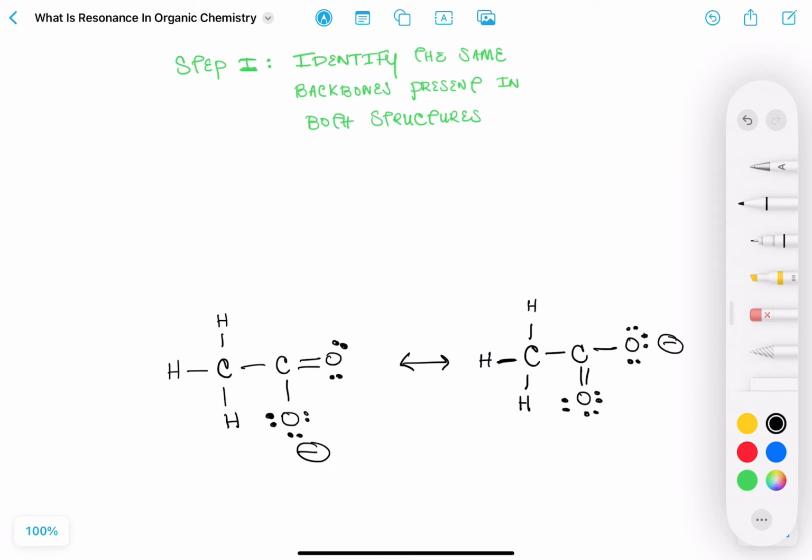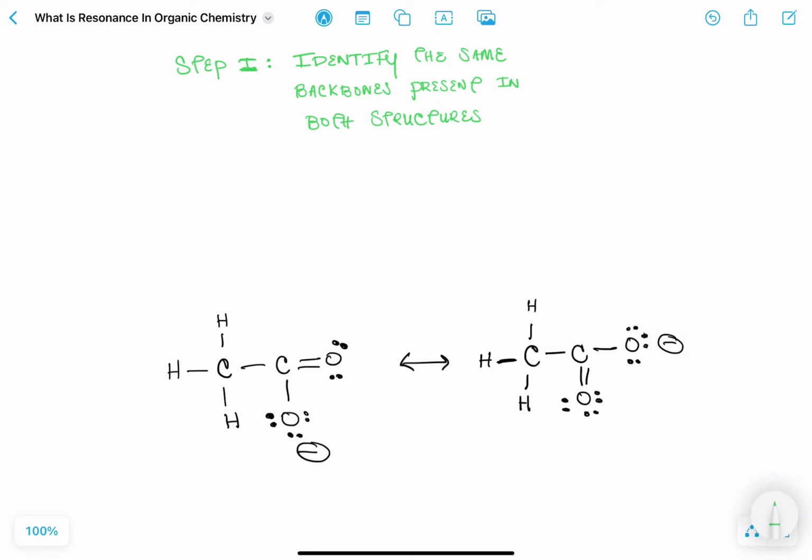Step one, identify the same backbone. So what's the backbone? These hydrogens around this carbon, the CO bond, one bond there, right? And so let's take a look. Those are in common, all of these H's are also in common. They're in both structures. The CO bond down here is in both structures.